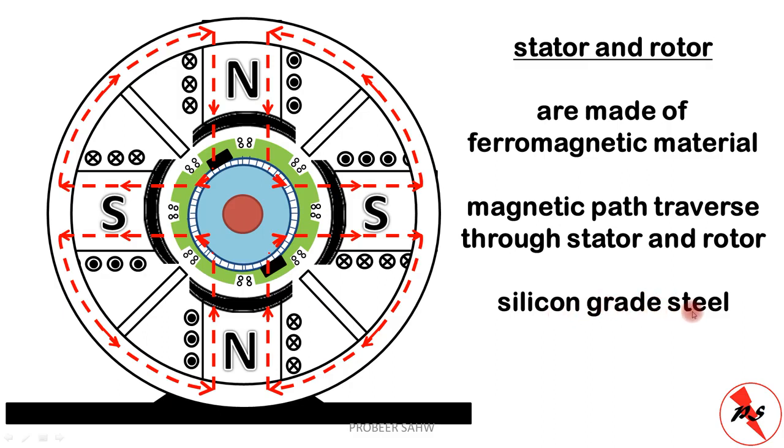Silicon grade steel also helps in reduction of hysteresis losses. Hysteresis loss will occur if the material is magnetically inferior. If it is magnetically superior or good in quality, then hysteresis loss will be low. Therefore, we use silicon grade steel in stator and rotor production.